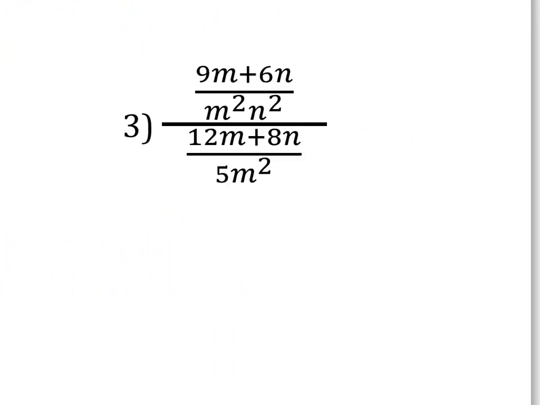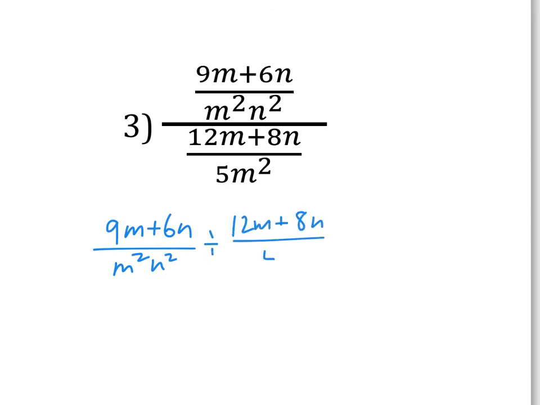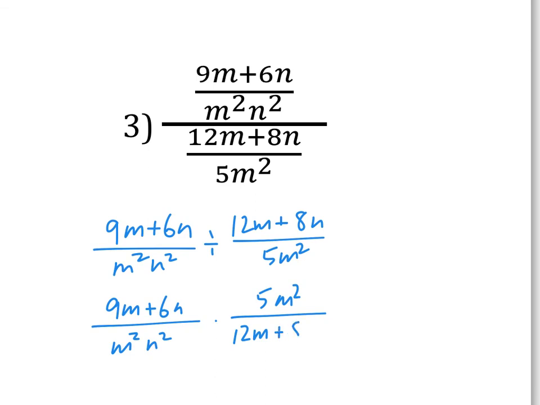Okay, number 3, let's talk about this one. 9m plus 6n over m squared n squared. We're going to divide by 12m plus 8n over 5m squared. All right, so 9m plus 6n over m squared n squared times the reciprocal, so 5m squared over 12m plus 8n.